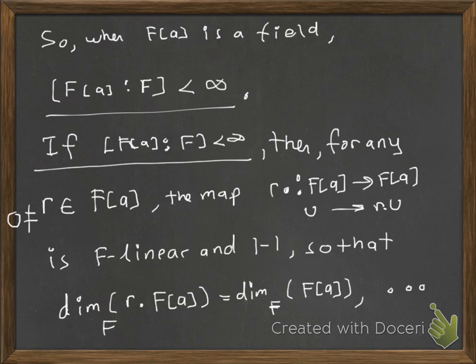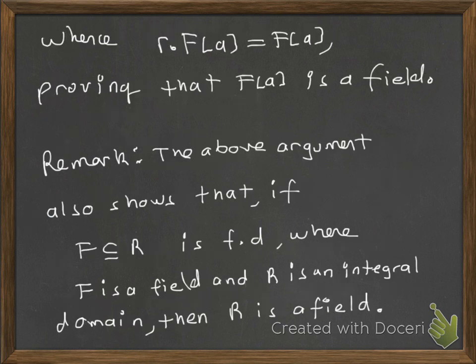Now, this image also sits as a subspace of F[a], therefore we have the equality, proving that every non-zero element r is invertible, therefore F[a] is a field, except the zero element, of course. Okay.